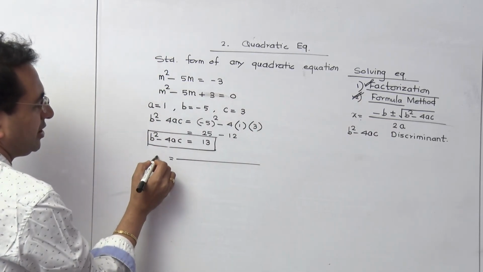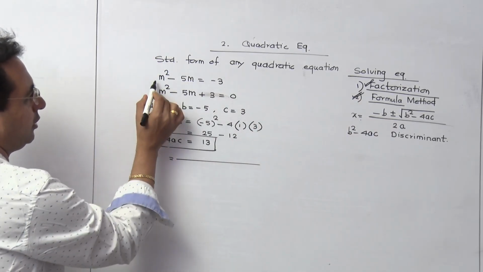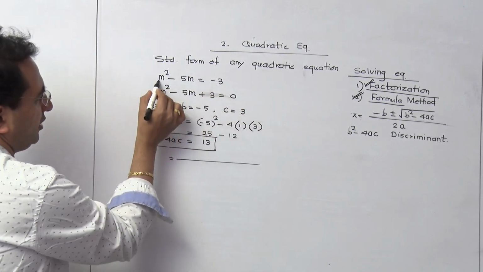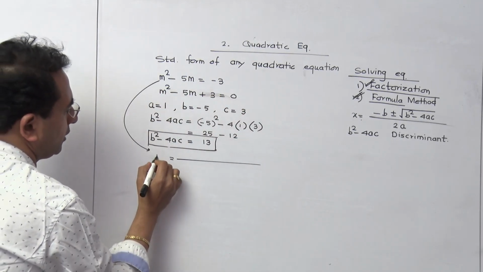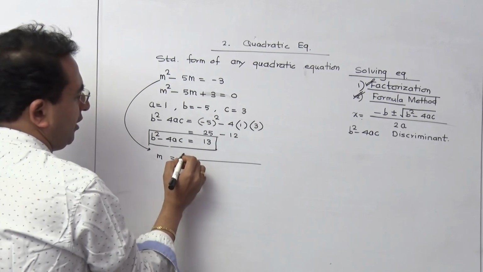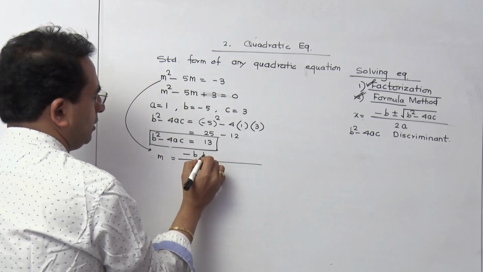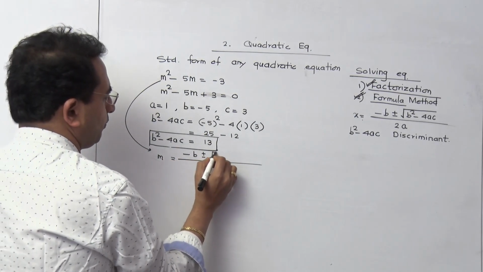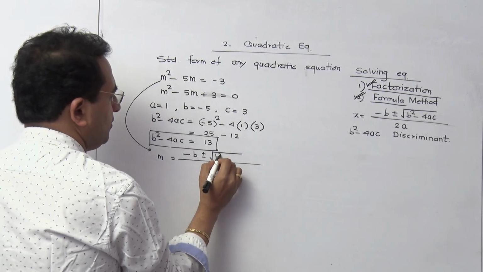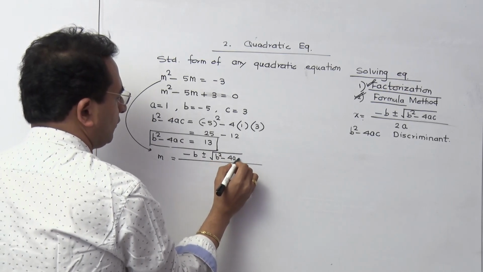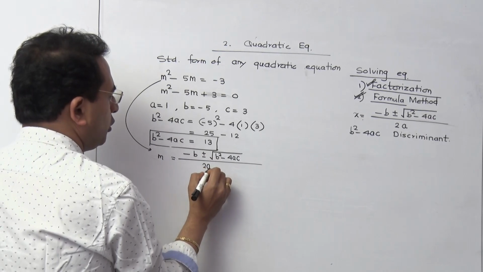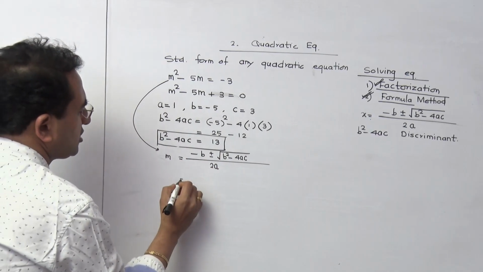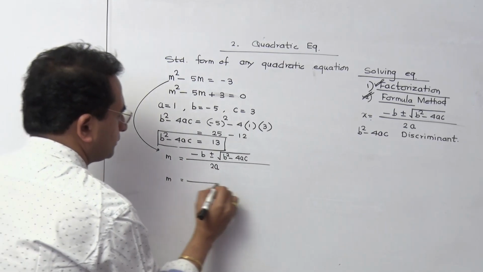So, don't write x here because our equation is in terms of m. So, this letter should come here, that is m. Then we have to write the formula minus b plus or minus square root of b square minus 4ac upon 2a. Now just substitute the values here.